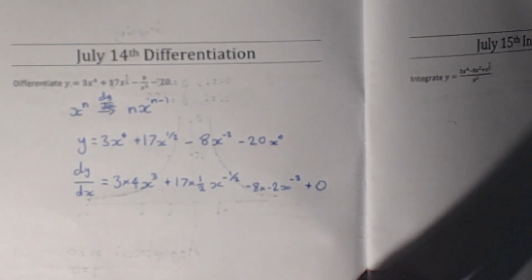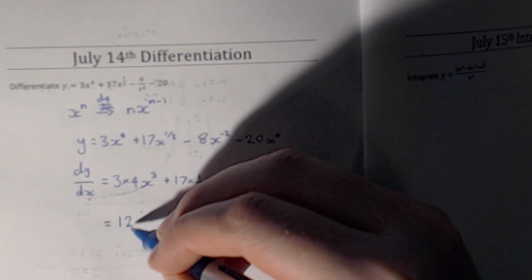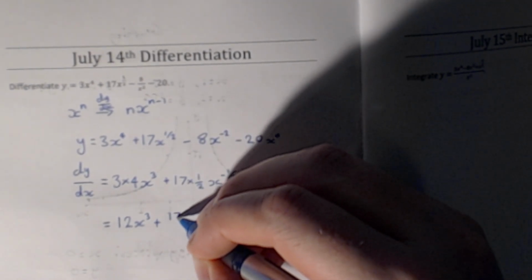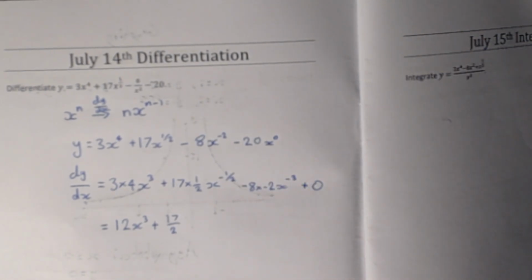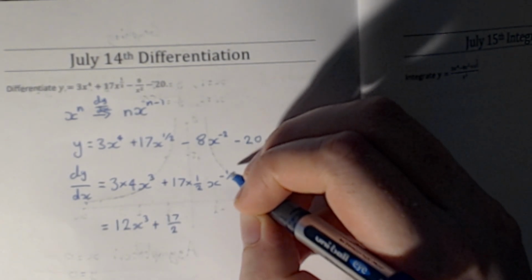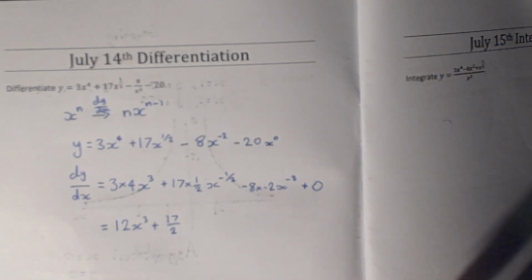So let's finish this off. Let's just tidy up these numbers. We get 12x cubed plus 17 over 2, x to the minus a half. Now we could turn this into a fraction if we wanted to. We could also remember that a half power is the same as saying the square root of.